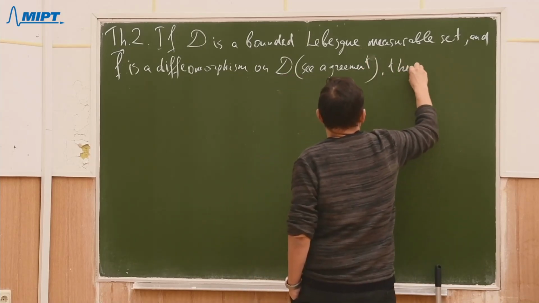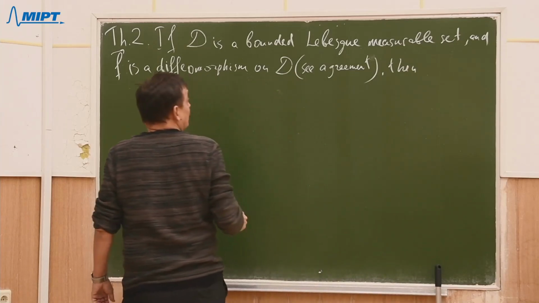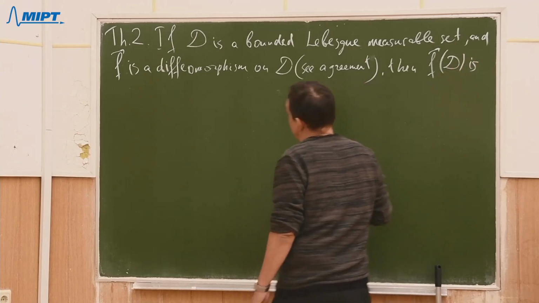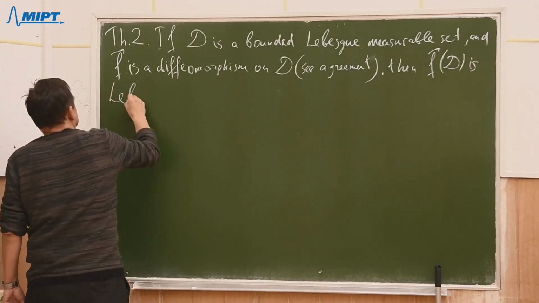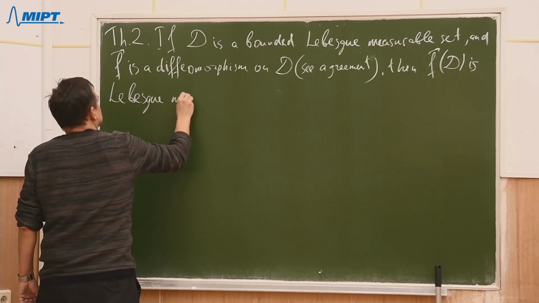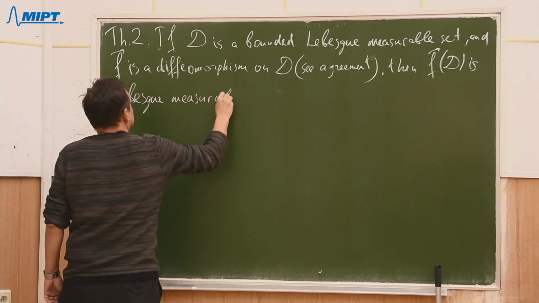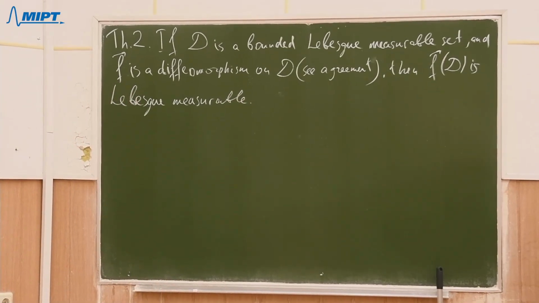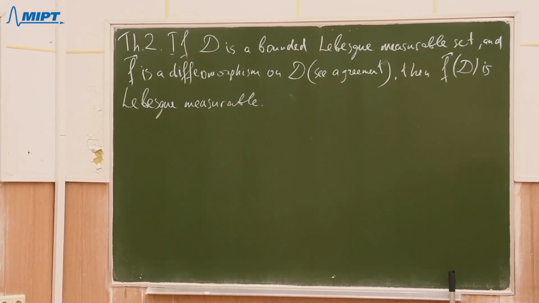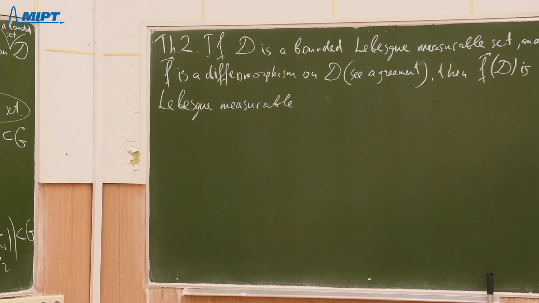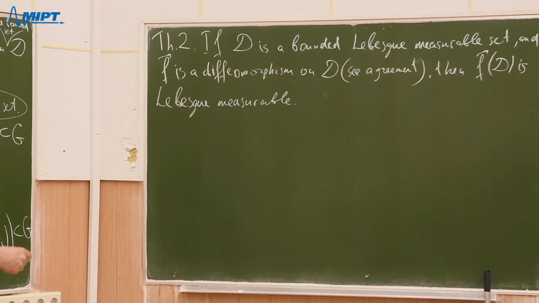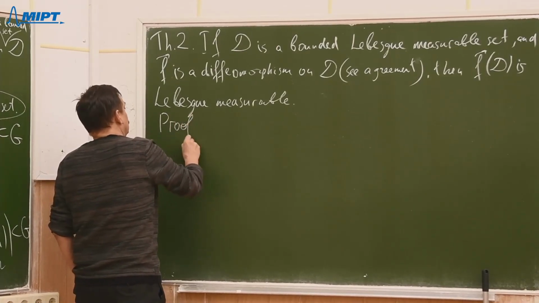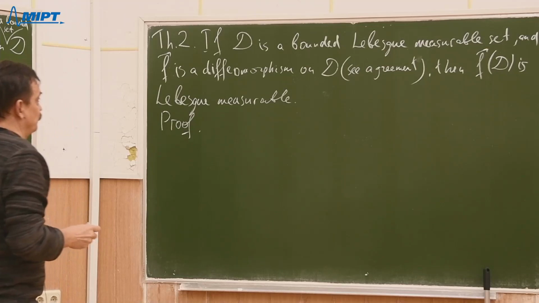Then F of D is Lebesgue measurable. In fact, the same result is true for Jordan measure. So also diffeomorphisms preserve Jordan measurability as well. But I'll prove here only Lebesgue. Proof.